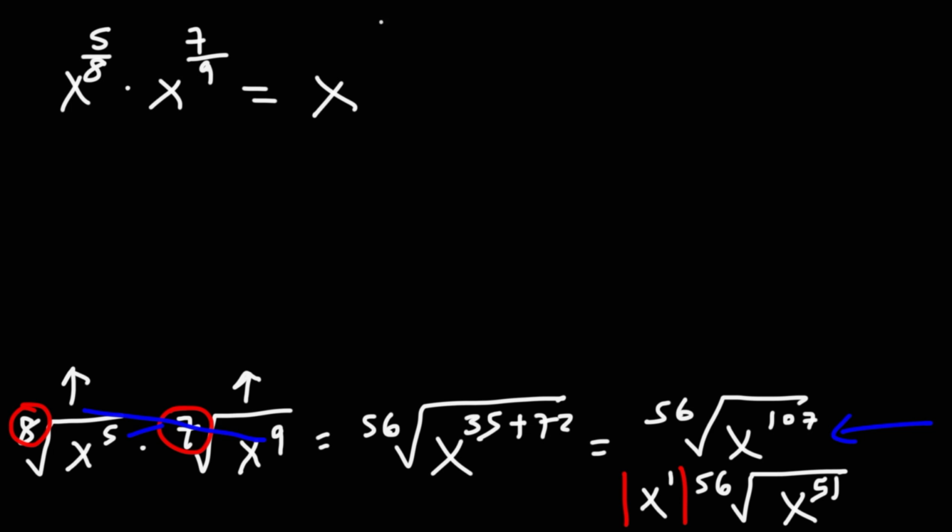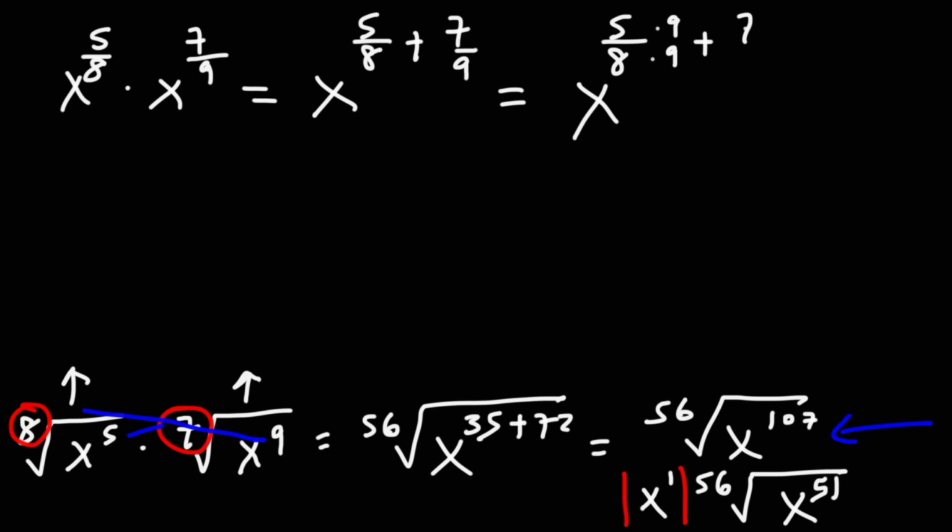So this is 5/8 plus 7/9. So we're adding two fractions with different denominators. So we need to get common denominators. 5/8 I'm going to multiply by 9/9. And 7/9 I'm going to multiply by 8/8. 5 times 9 is 45.